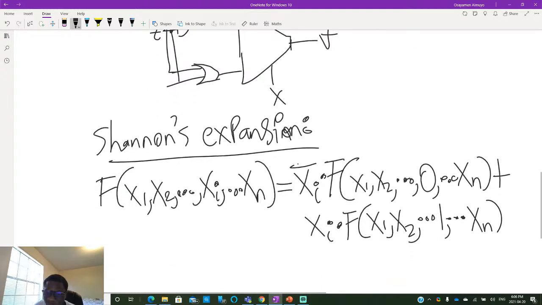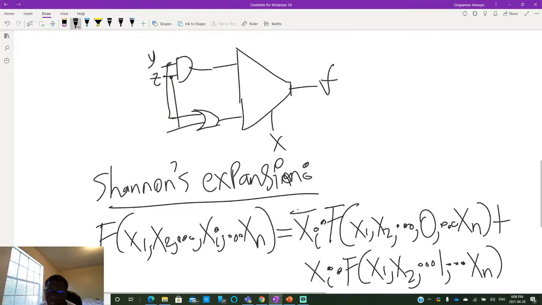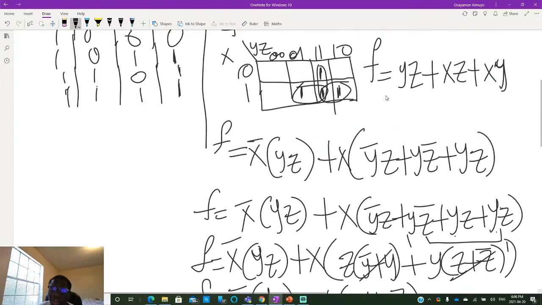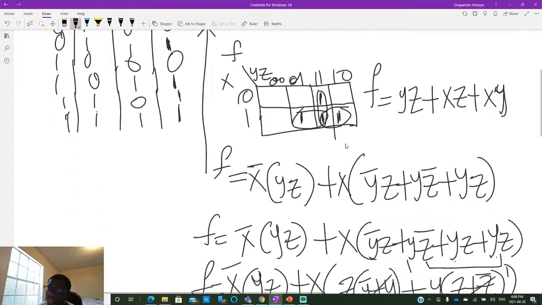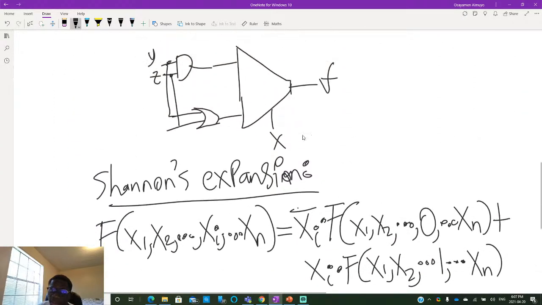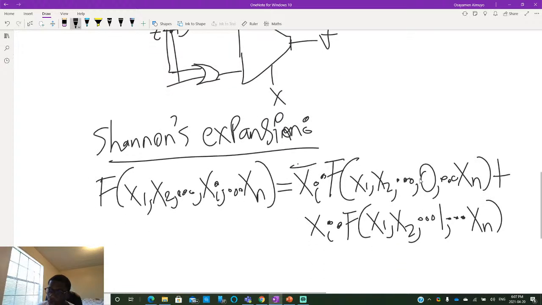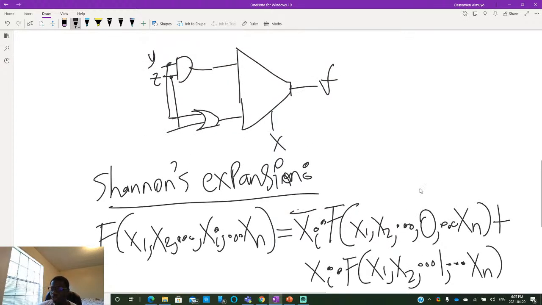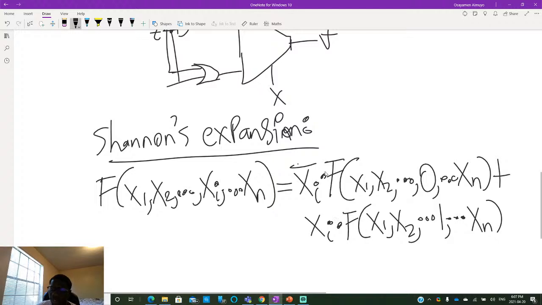Basically what this means is just pick a variable, preferably a good variable like x in this case for our function. Pick a variable and then set that variable to 0. Whatever resulting function you get, multiply that function by the complement of the variable you picked.